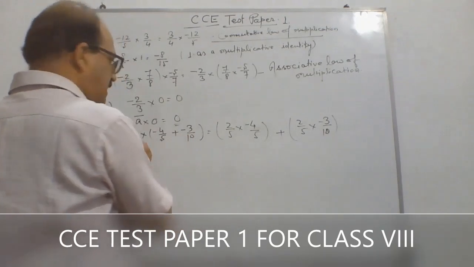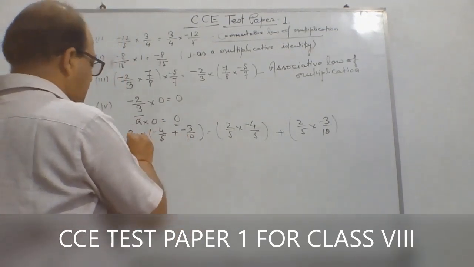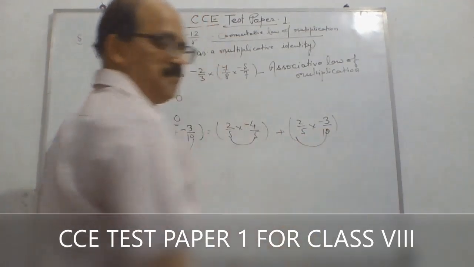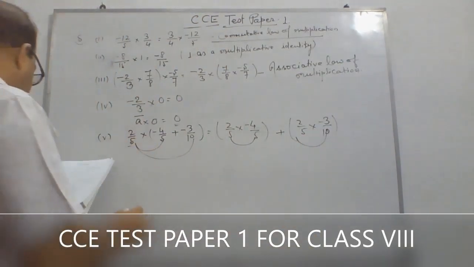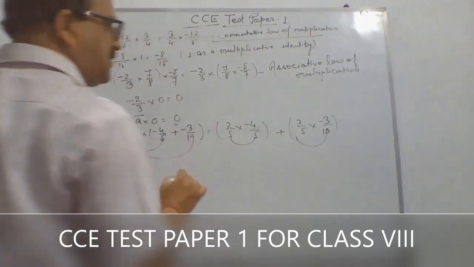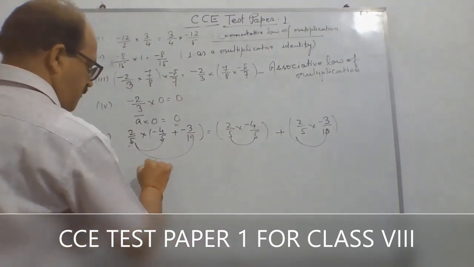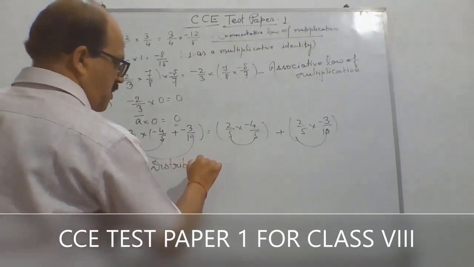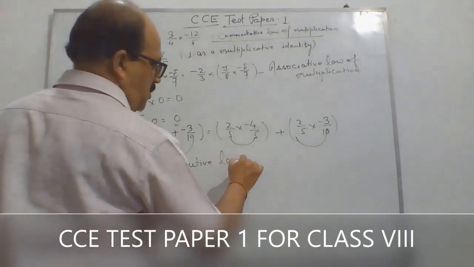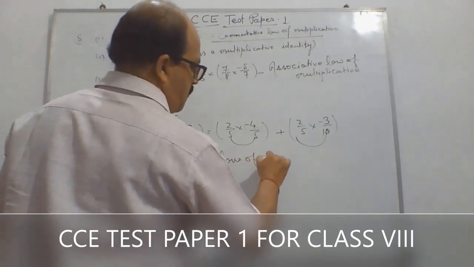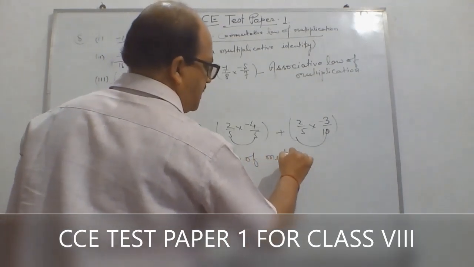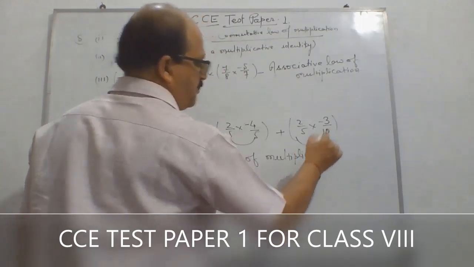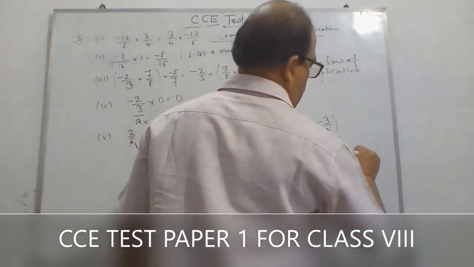So 2 by 5 is multiplied with this number and again with this number. So this law is called the distributive law of multiplication over addition.